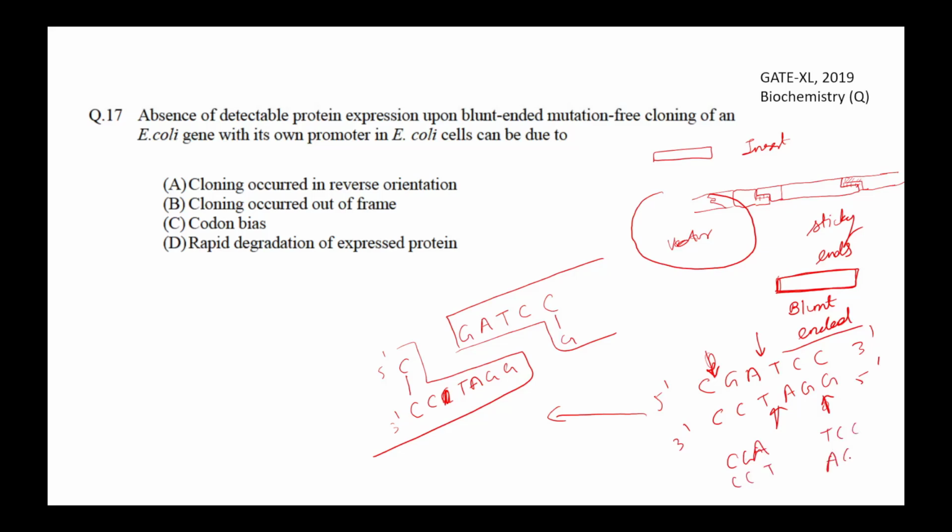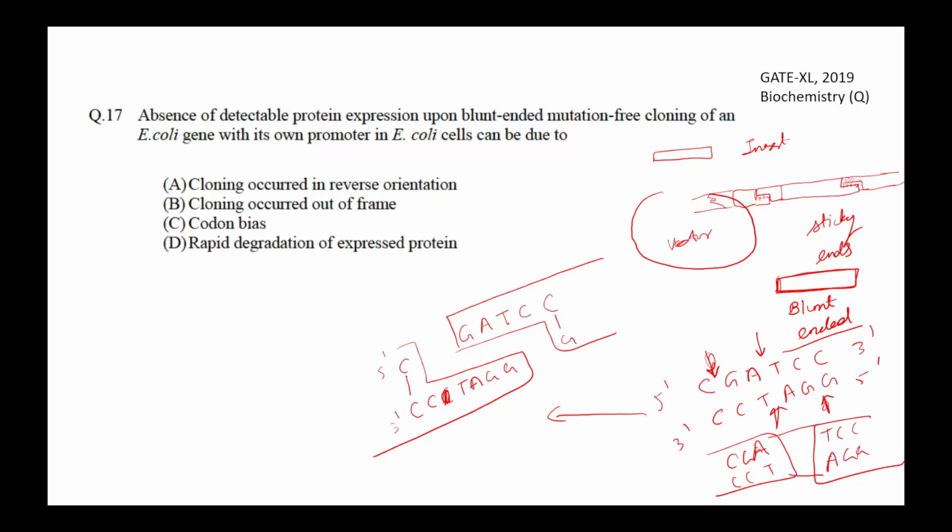Okay, then there is no complementarity; these are the blunt ends that are generated upon restriction digestion. So when you are putting the ligation, you can just ligate these ends by phosphodiester bond creation. Okay, and no complementary base pairing is required.